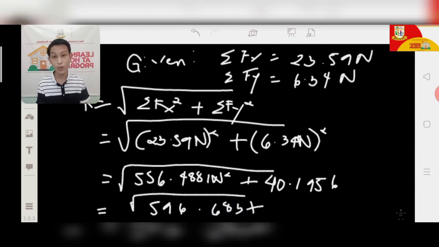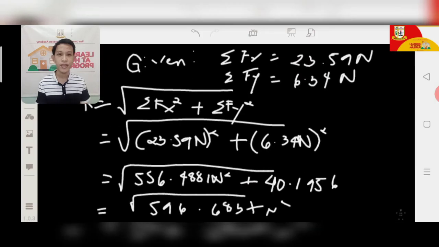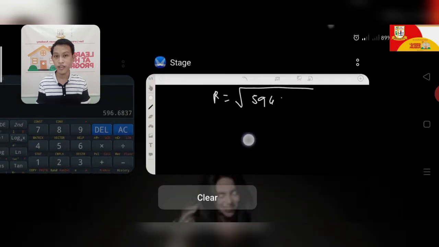Now we will get the square root of 596.6837 to get the magnitude of the resultant vector. So R is equal to the square root of 596.6837.